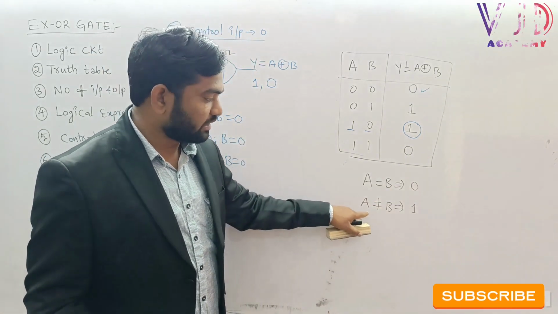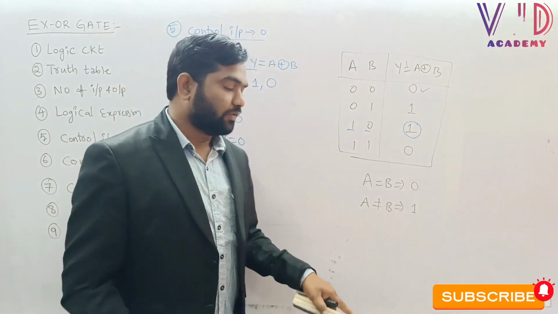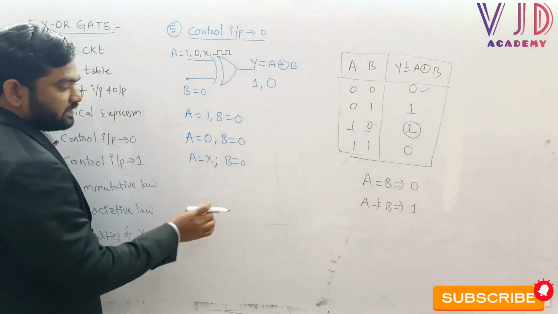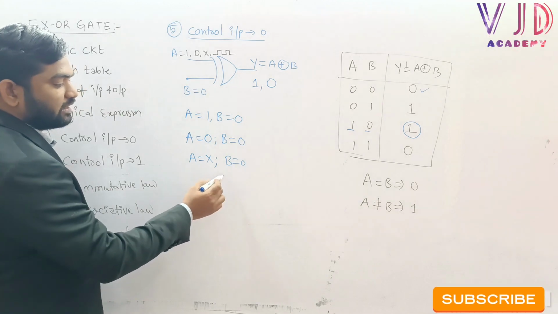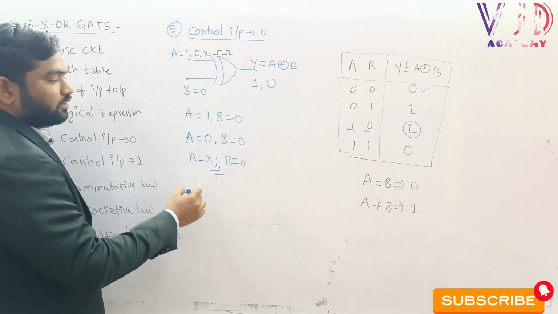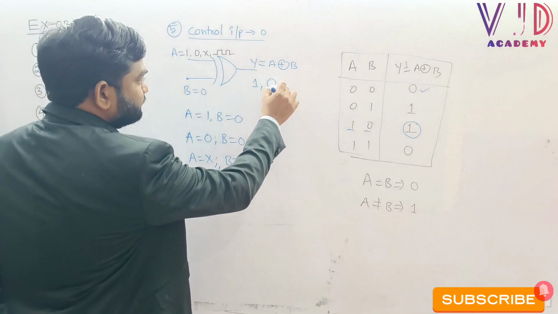Otherwise, if both inputs are not equal, then we get output as 1. Here A equal to X and B is 0, which means both are not equal, so we get output as 1.